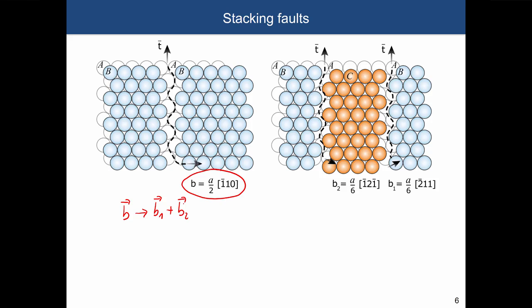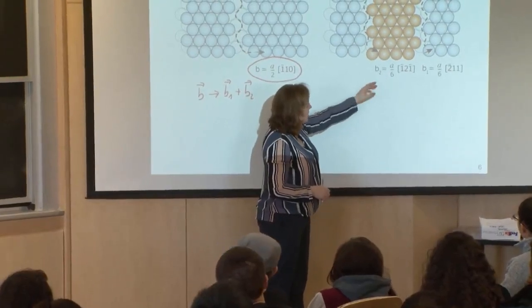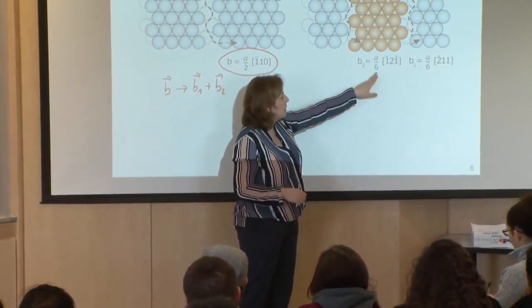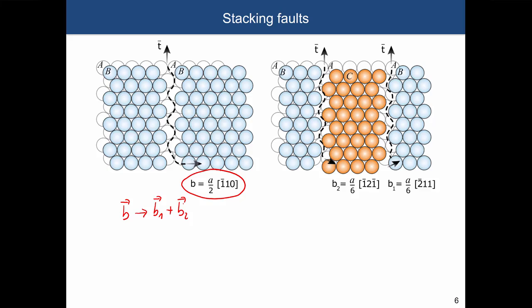What is illustrated here is that, in this particular case, this would be the Burger's vector in an FCC crystal, and it can form two so-called partial dislocations with Burger's vectors B1 and B2, schematically illustrated here. Maybe this image is kind of difficult to understand, but let me try to explain. This is the first stacking layer, A. This will be the second layer, B, and this region here is the core of the dislocation.